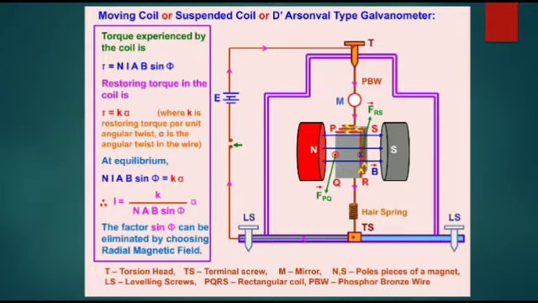The red lines indicate the copper coil. The cylindrical core is placed between the two poles of the two horseshoe magnets, and this core is surrounded by copper coil with n number of turns.